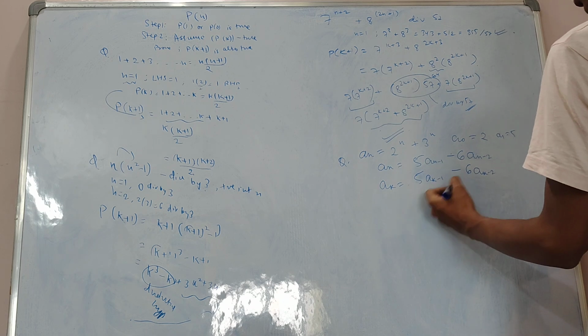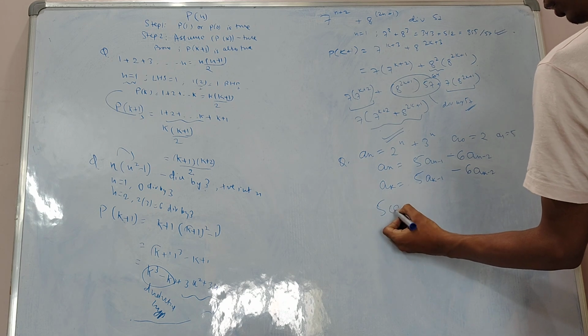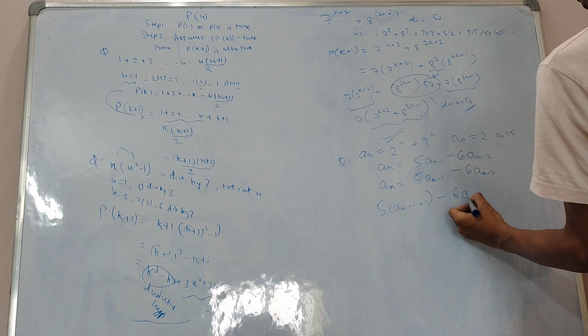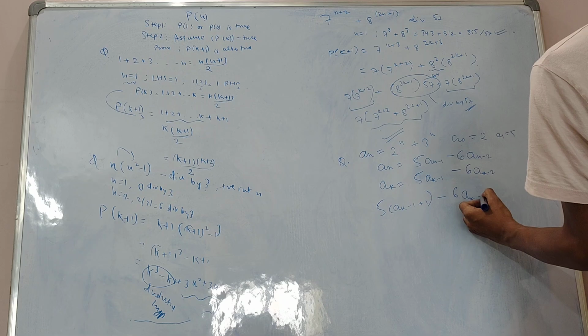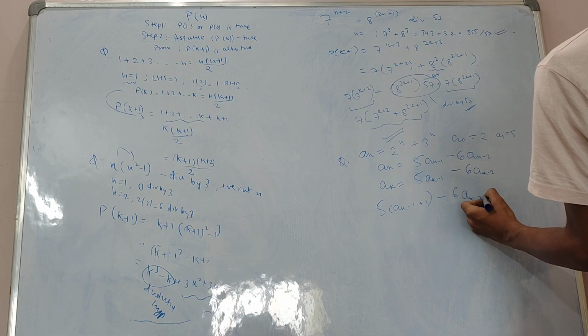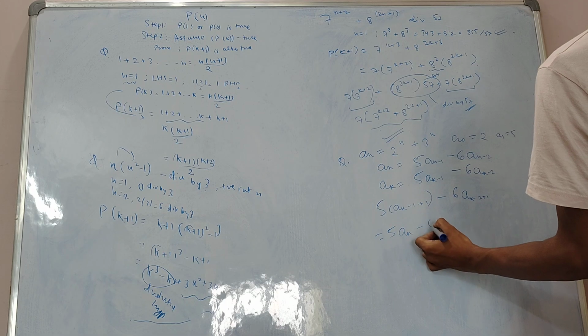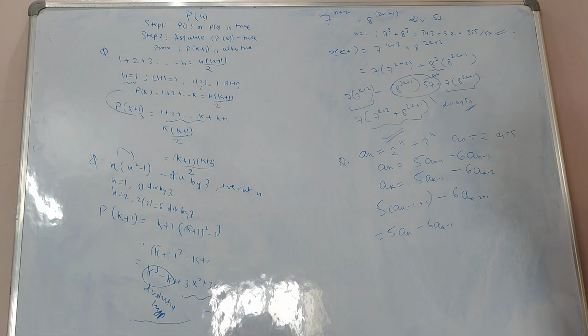Right, I will simply add here plus 1, so 5 a_{k-1} plus 1, and then 6 a_{k-2} plus 1 will give me 5 a_k minus 6 a_{k-1}, right.